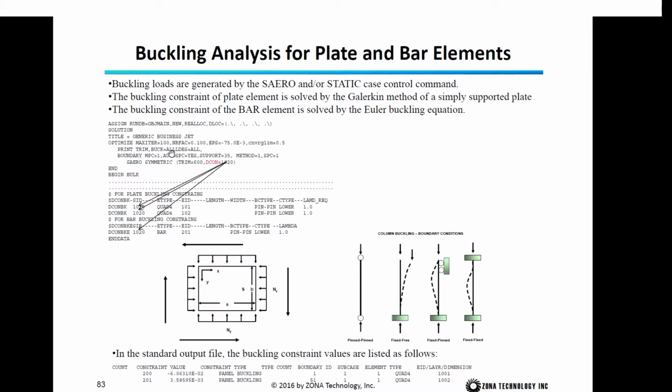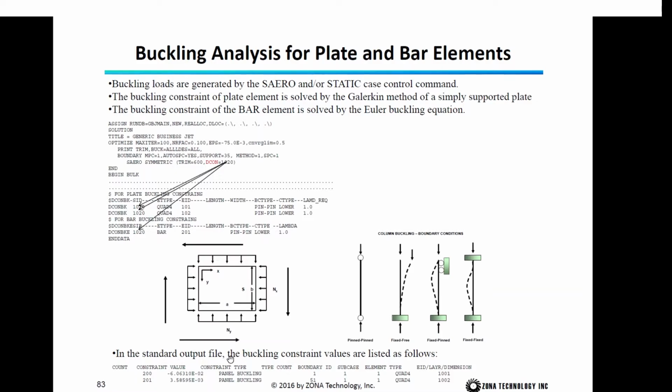So if we specify SRO, then SRO will induce loads due to the trim analysis, and under this load, we impose the panel buckling constraint and column buckling constraint.